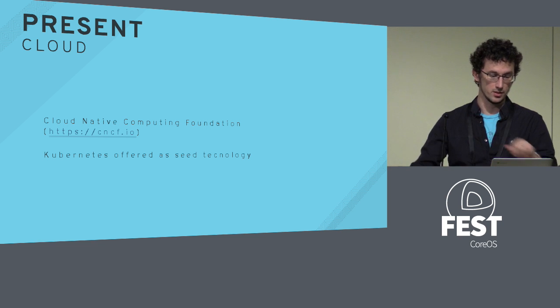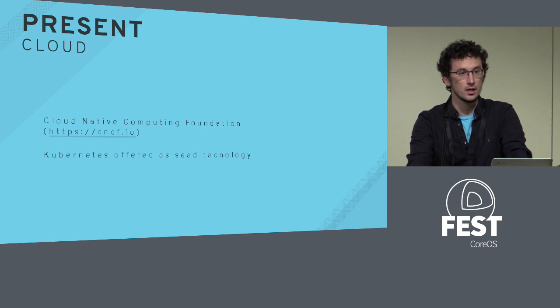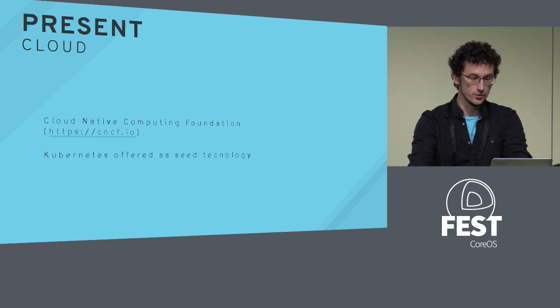And the Kubernetes project has been offered as a seed technology for this, which is strongly two different things. Because Kubernetes as a project is incredibly strict about their API. They're API driven, and they're strict about this.